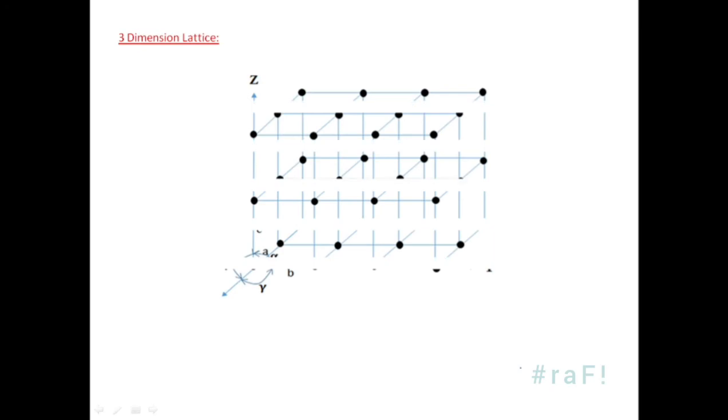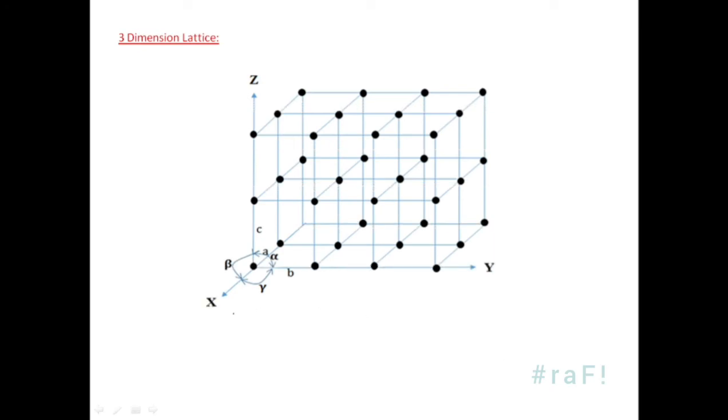Three-dimension lattice. In this, the plane pattern having repetition intervals, that is translation A and B, is combined with the third translation C. Then a three-dimensional array is obtained. The corresponding collection of points is called three-dimension or space lattice. See a figure.